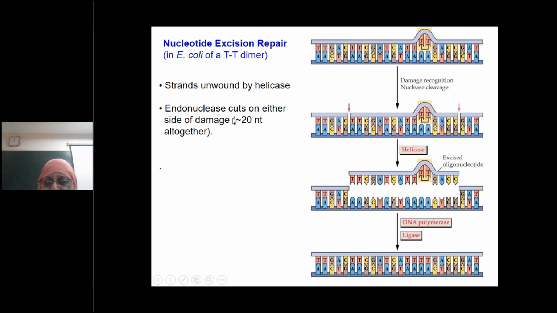The excised fragment will be approximately 20 to 30 nucleotides long. So it is not only the pyrimidine dimer, but a longer stretch of oligonucleotide that will be cleaved by the endonuclease. Then the gap resulting from the excised oligonucleotide will be replaced by DNA polymerase, and the sealing will take place by DNA ligase.